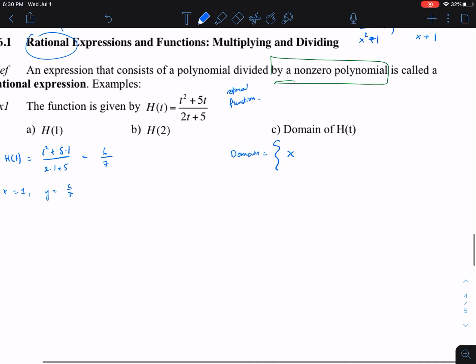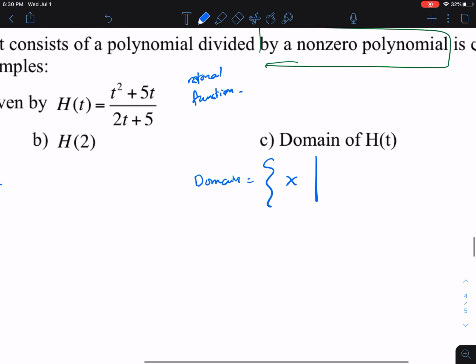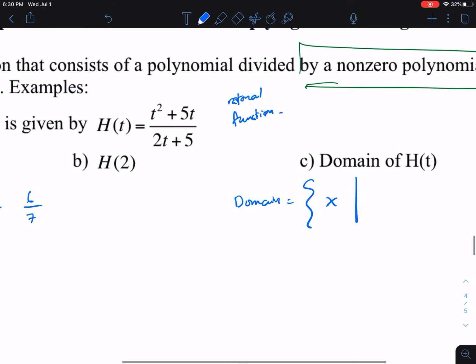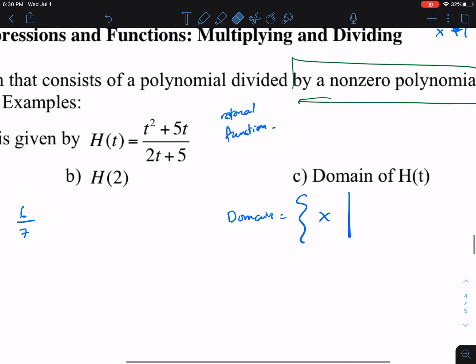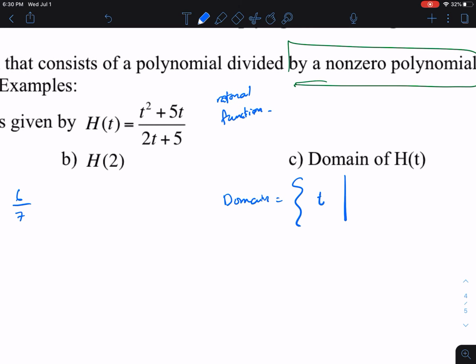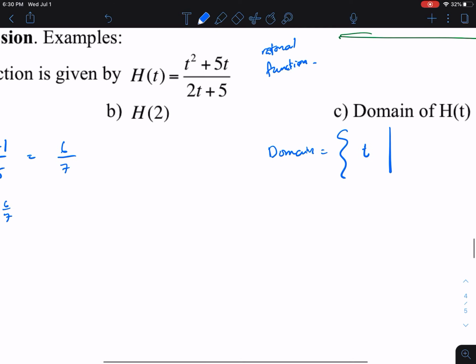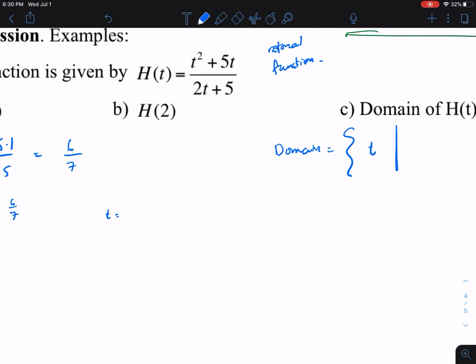So in this case, we can work backwards. What is one value of t that we cannot use as an input because it doesn't give us an output?